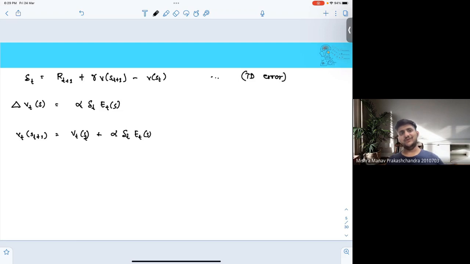So in a way, you can think of it like this. Let's say you have visited some state previously and you have moved forward in time. A way to look at it is that you have put some sort of marker on that state, which starts decaying over time.